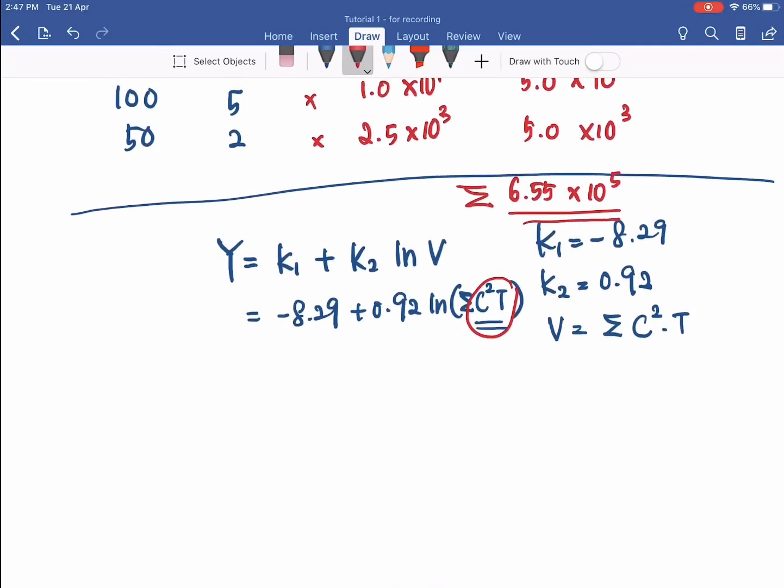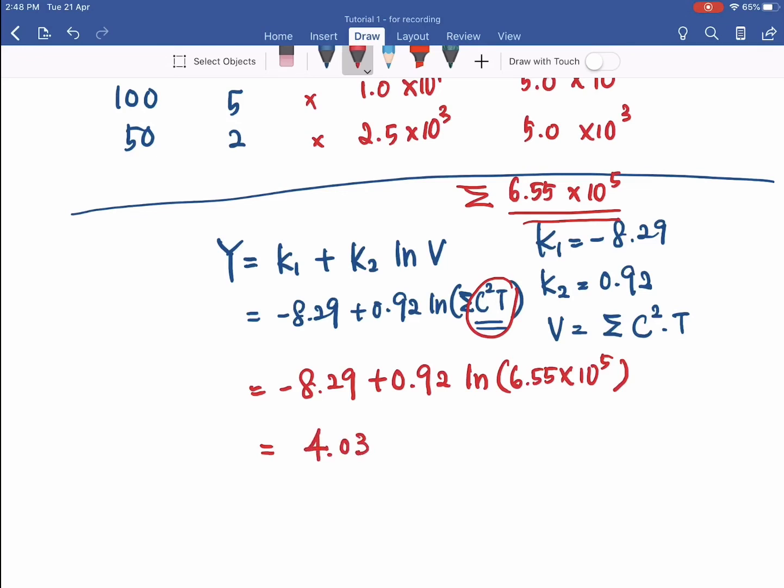So now we put in all our values here. We get negative 8.29 plus 0.92 ln of 6.55 times 10 to the power of 5. In this case we get something like 4.03.